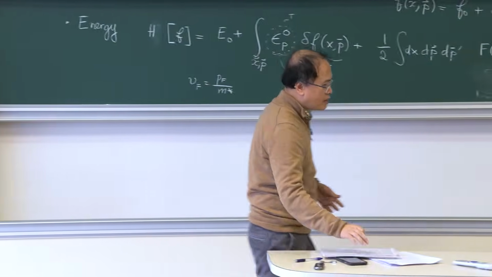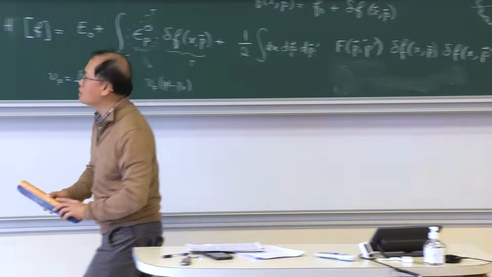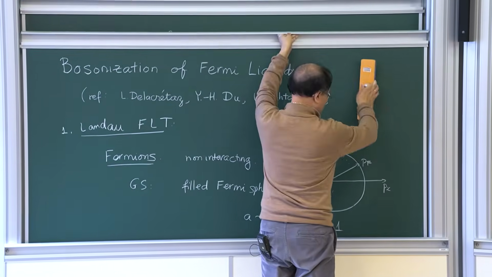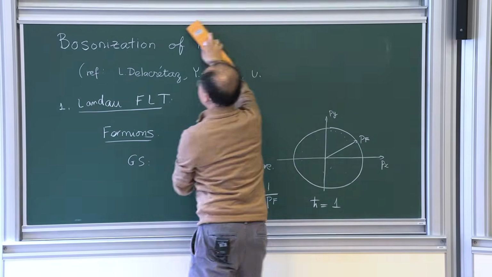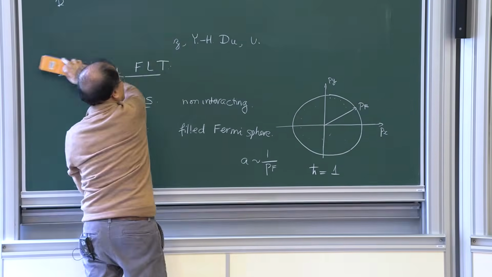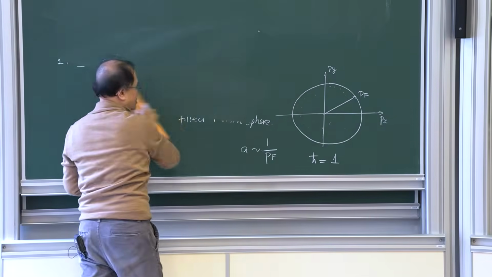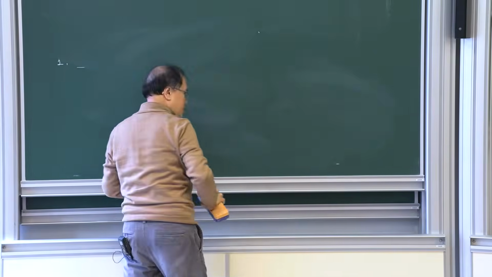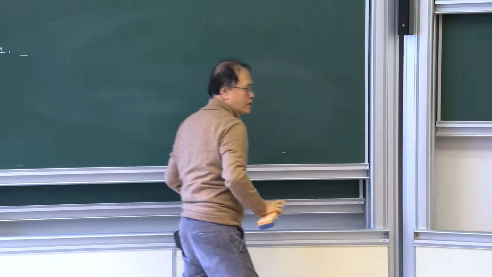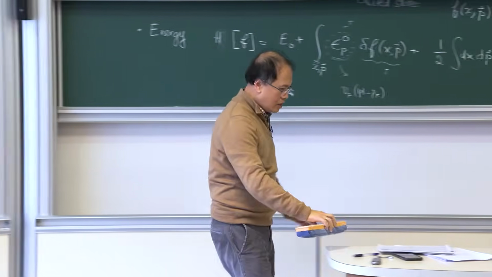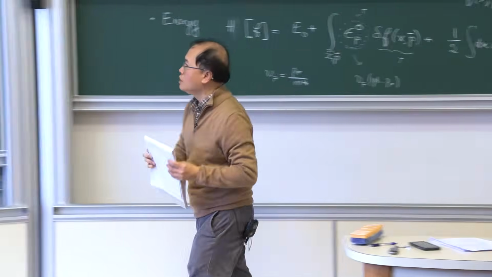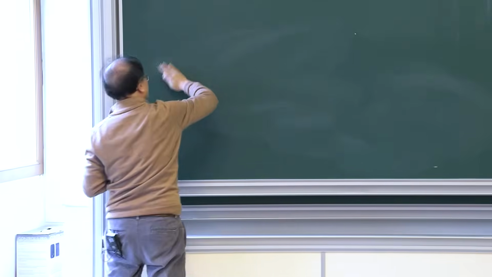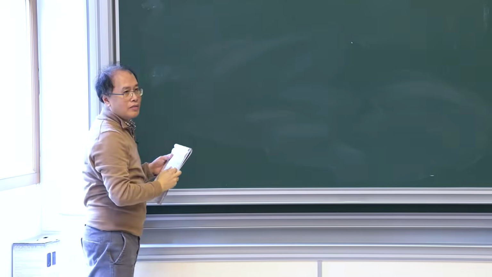So the calculation that I want to do is the calculation of the two-point function of density. A very simple calculation, the density correlation function. I will outline how it can be done in Landau's theory, and then how it matches with the result that one would obtain in Feynman diagrams.